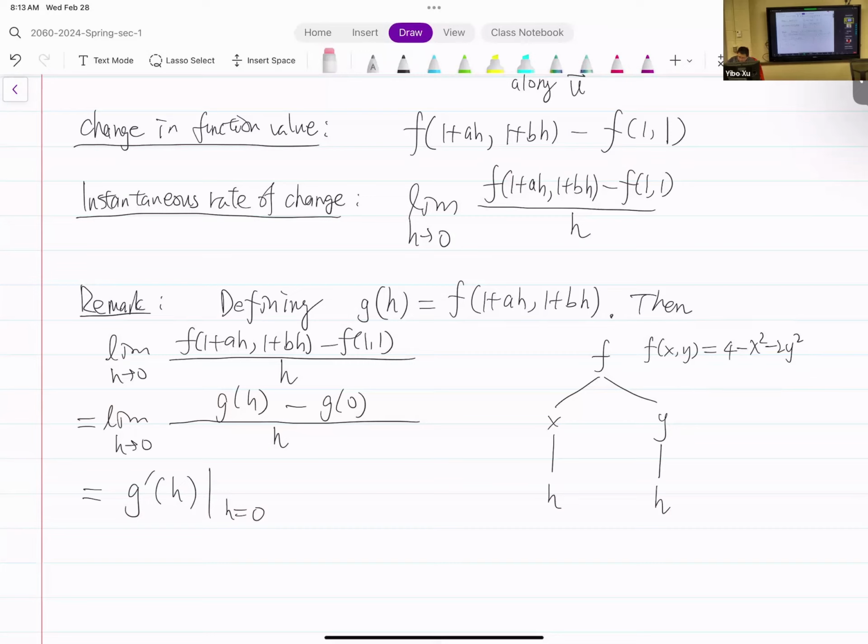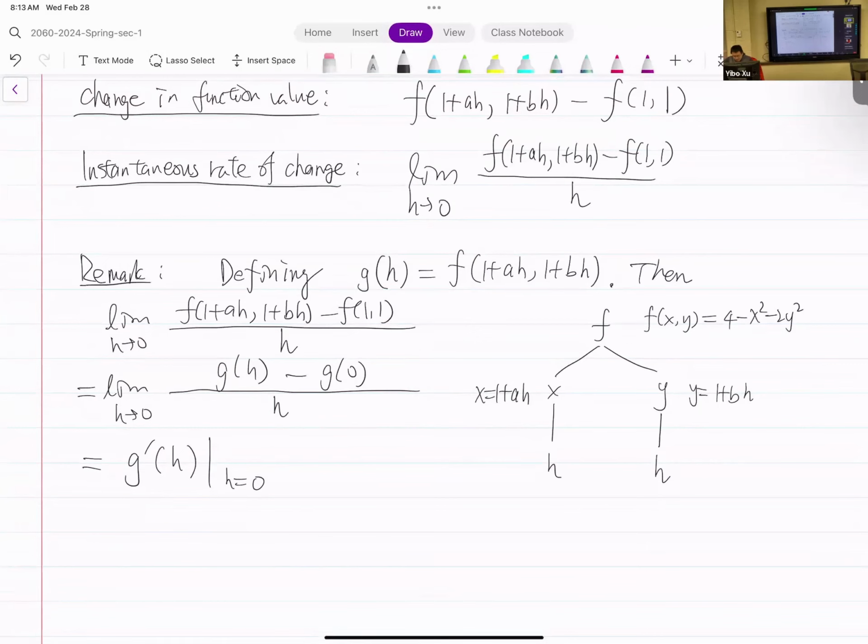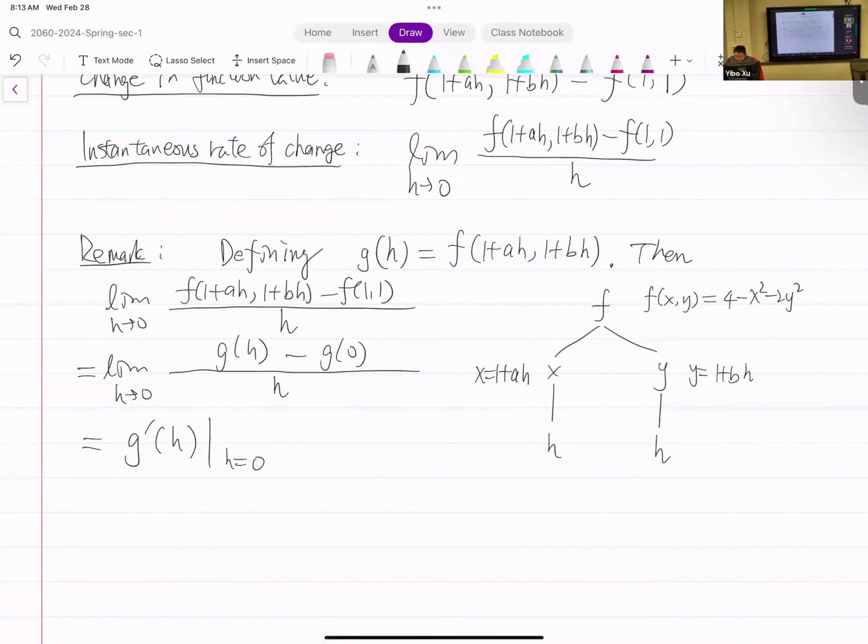But here we specify that x must be 1 plus ah. It's a linear function in terms of h. y is 1 plus bh, another linear function in terms of h, right? So now we have this parameterized case, and we're doing the rate of change of f in terms of h.